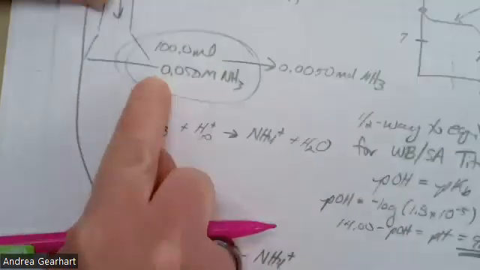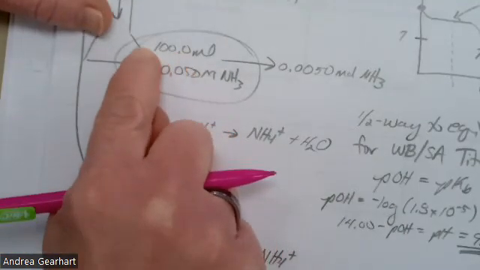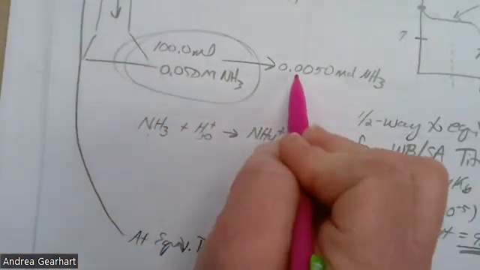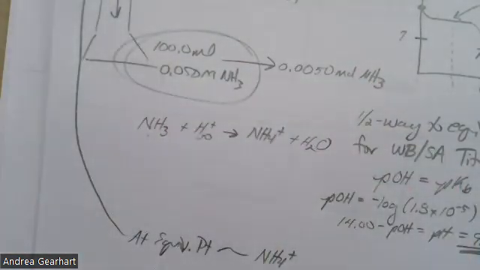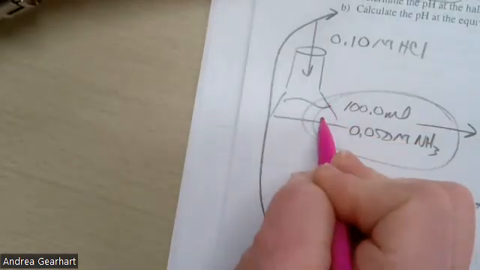Given the volume and the concentration, if we convert to liters, 0.1 times 0.05 is 0.005. That's how many moles are in this original solution.